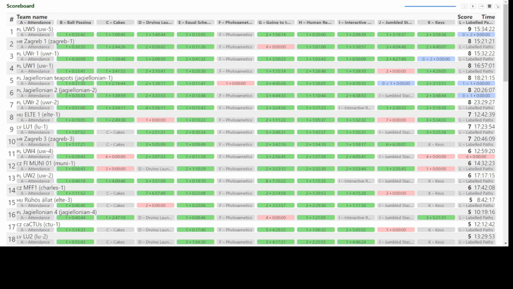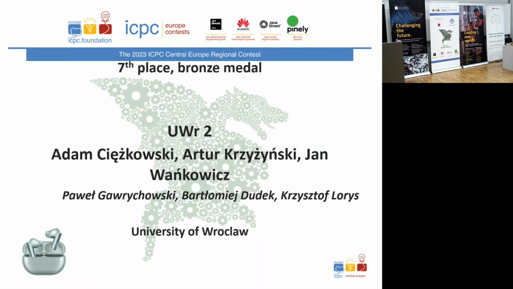University of Wrocław, team 2, please come down to the stage to collect your prize and certificate. Congratulations to University of Wrocław, team 2.